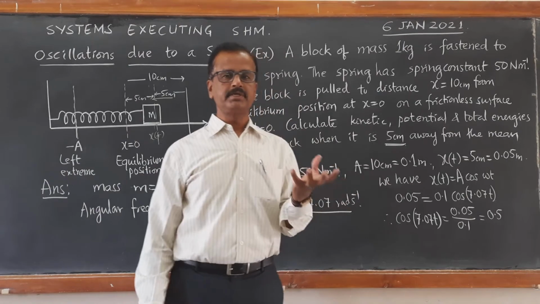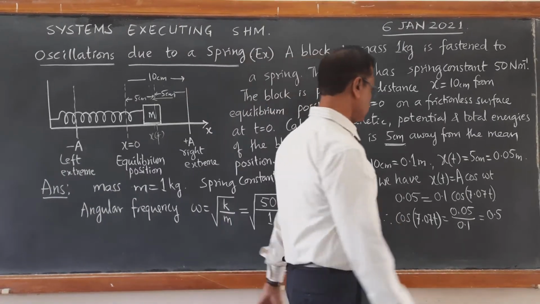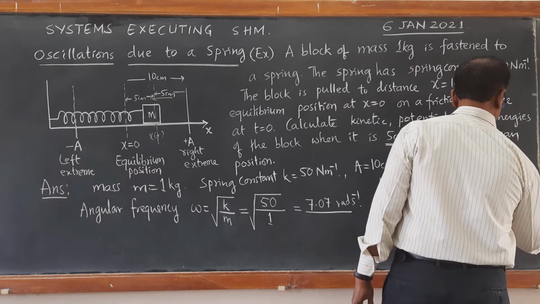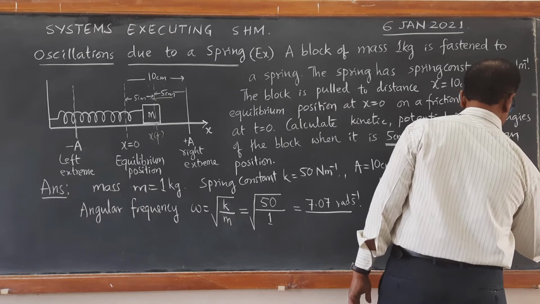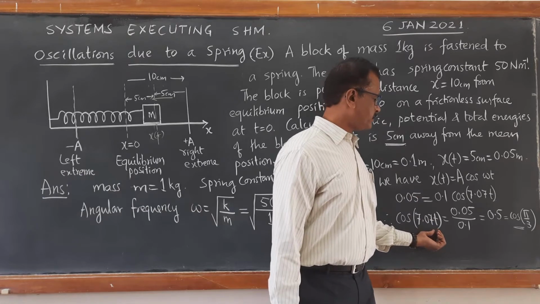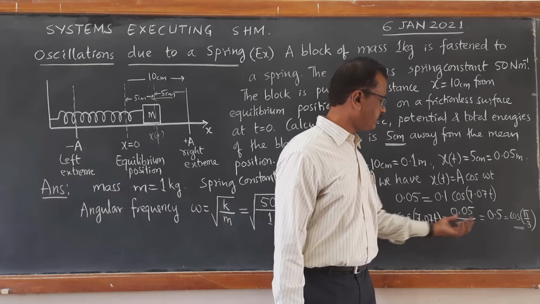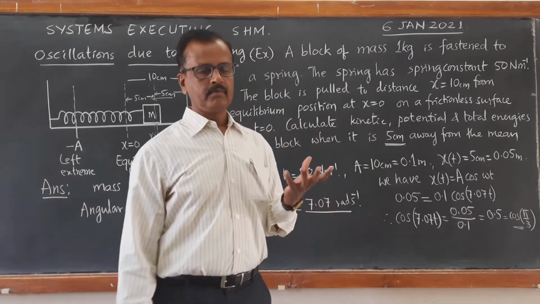Cos 60 equal to 1 by 2. So this is cos pi by 3. So 7.07 t must be equal to 60 degree, that is pi by 3.